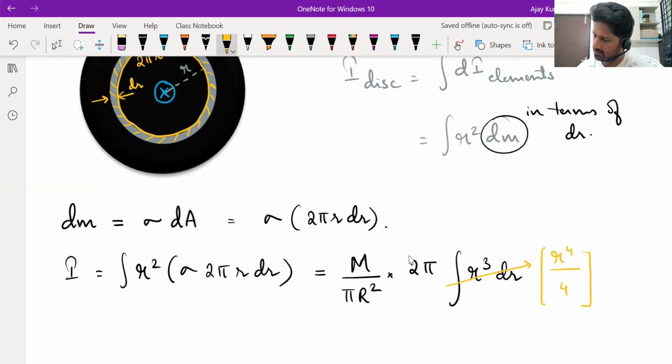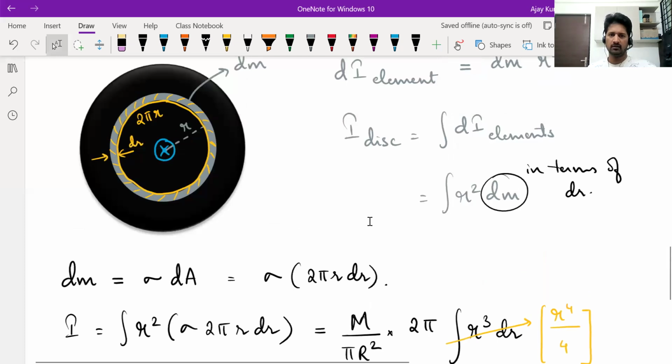And we have to substitute the limits for small r. Rishi, can you tell the limits for small r to cover the entire disk? Sir, is it 2 pi r? What is small r? The radius of the element. Okay.